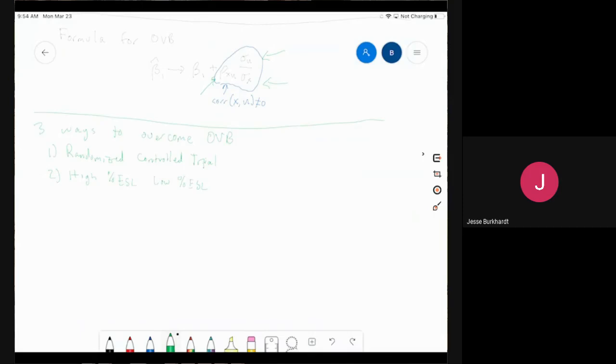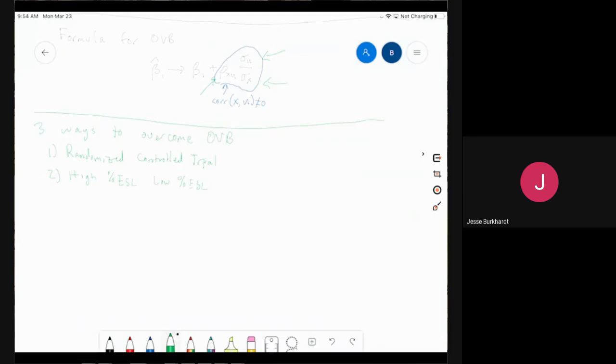That would mean we could look at the relationship between student-teacher ratios and test scores within these groups. We could find the relationship between class size and test scores for the high percent ESL group, and then for the low percent ESL group.